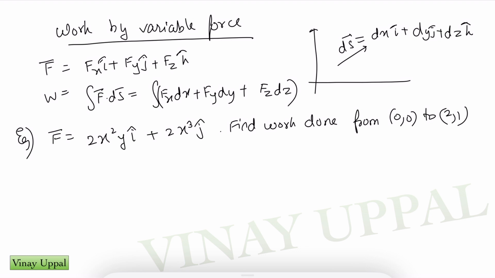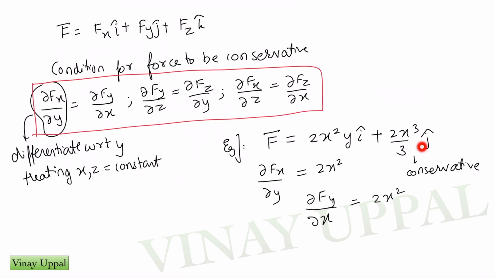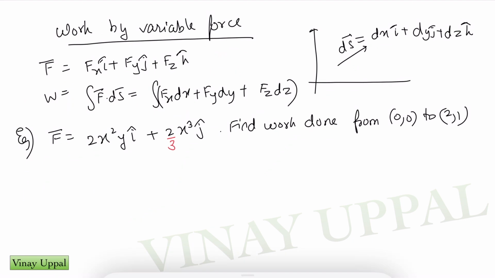Now here they may or may not specify the path taken. If the force is conservative, then they won't specify the path, because then you can choose any path that you want. The 2 by 3 makes this force conservative, because it's the same example that I showed you earlier. So let me take that same force and calculate its work done.